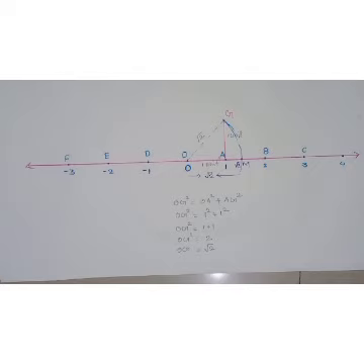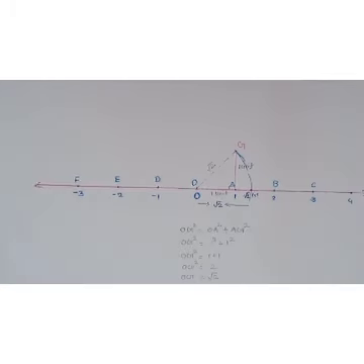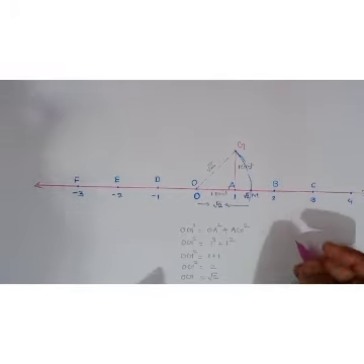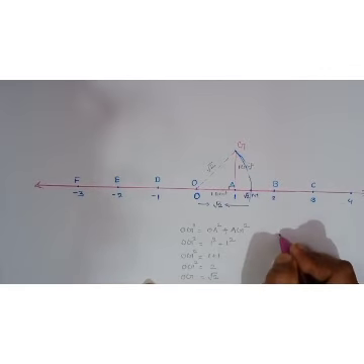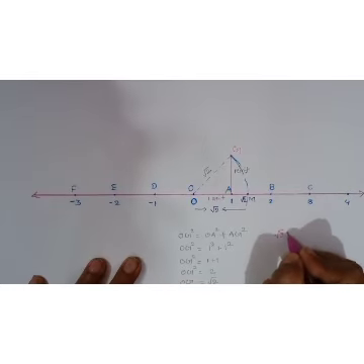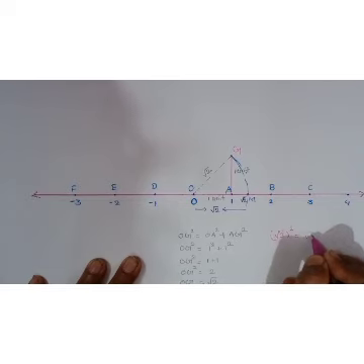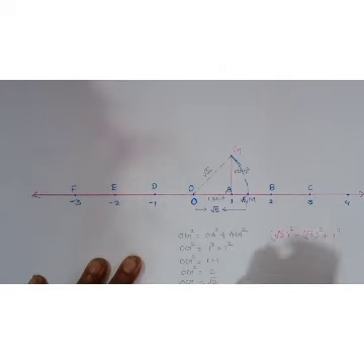Now we will show root 3 on the same number line. Now for the representation of root 3, root 3 square is written as root 2 square plus 1 square.